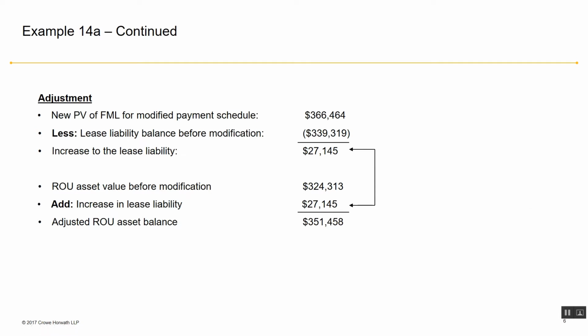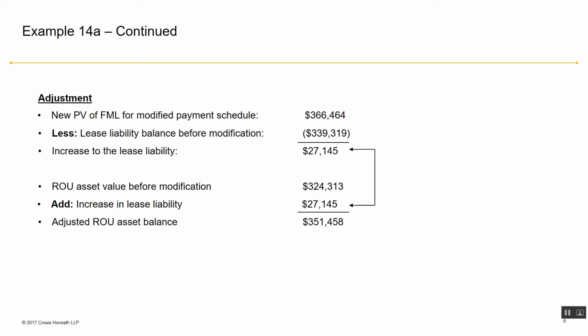So the new present value of the future minimum lease payments, which are the 8 payments of 54,000 currency units, is $366,464. We subtract out the prior carrying value of the lease liability before the modification of $339,319, giving us a total increase to the lease liability of $27,145.